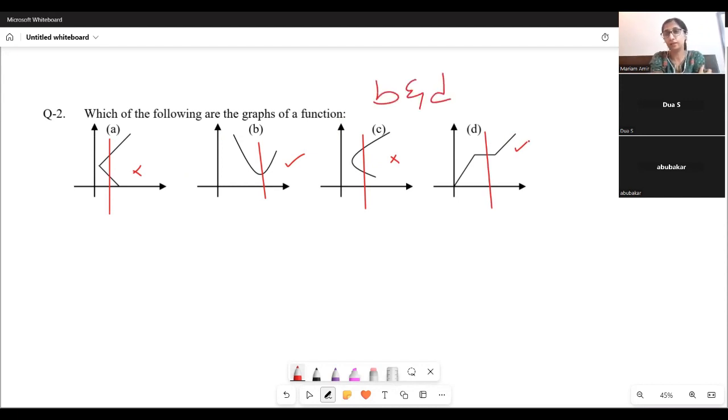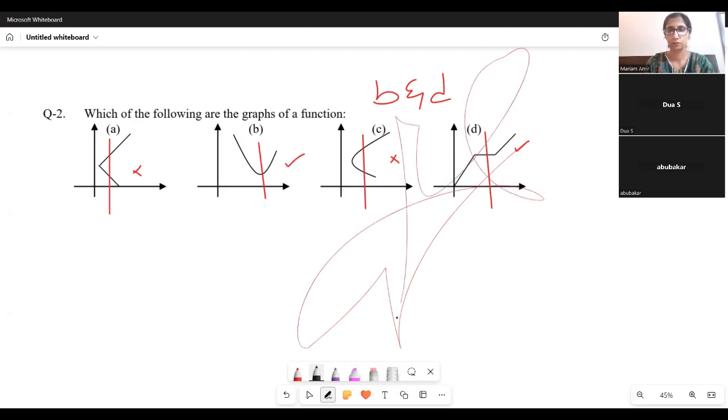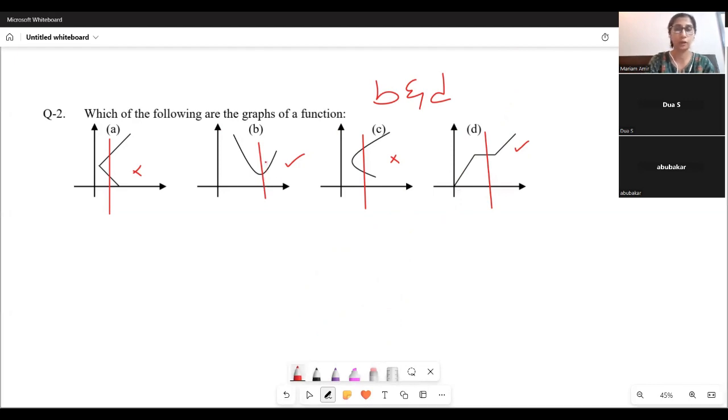All right. And in case you're asked to state a reason why these two are graphs of functions, you have to write that each value of x corresponds to a unique value of y. Each value of x is giving you one value of y here, and here as well.